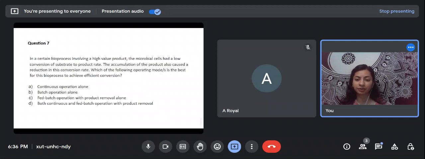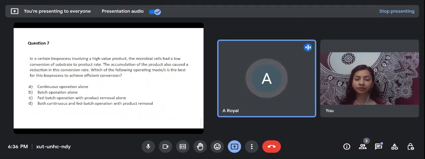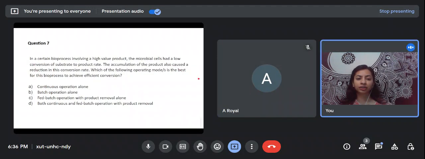Do you know the difference between batch, fed batch, and continuous? Yes, ma'am. So what they're saying is you have a very high value product. What you want is the maximum amount of this product that you can get. And the microbial cells have a low conversion rate of substrate to product.